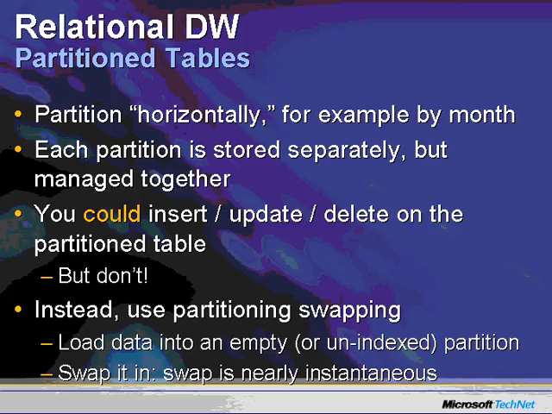You just exchange it for one of the partitions that's in the partition table. And the cool thing is that the swap is effectively instantaneous. What's going on under the covers is simply a metadata switch, where the partition had been pointing to an old partition that's part of the partition table. Now it's pointing to this new physical entity that you created and stored.